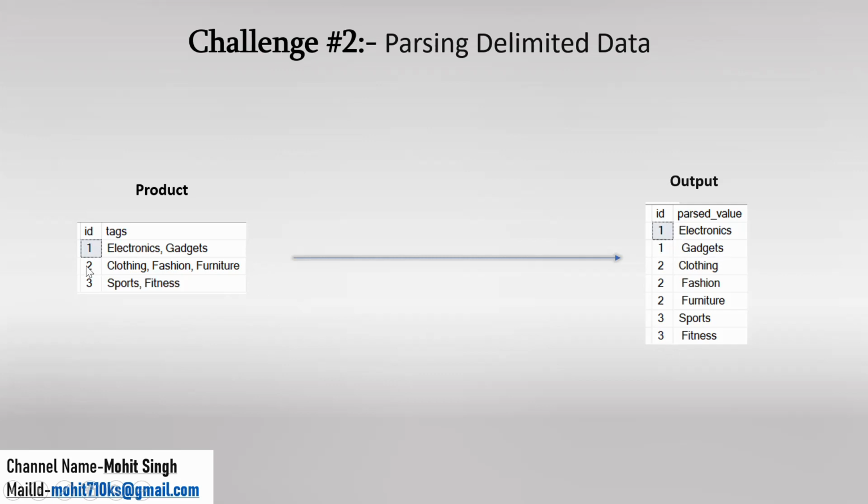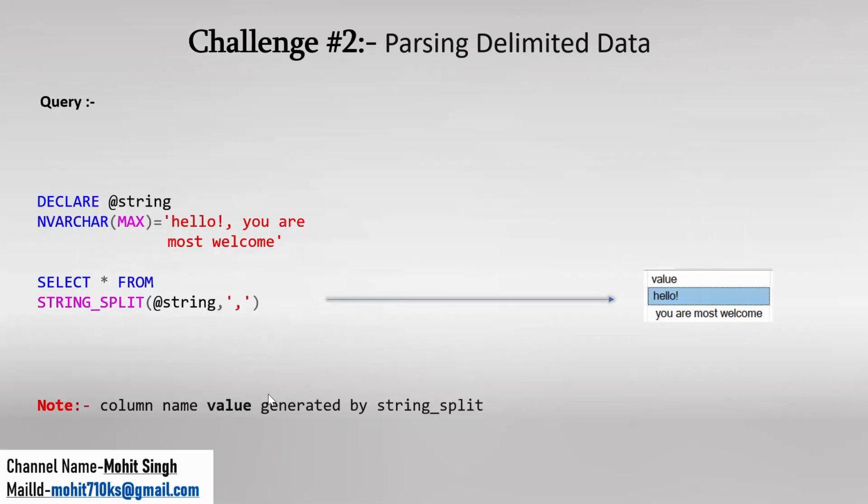So for ID 1 we have two values, so in the output table we have two rows. Similarly for ID 2, we have three comma separated values, so in the output we have three rows. So this is the input table and this is how the output will look like. In short, this is the expectation we have to solve.